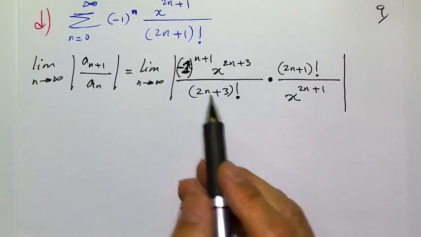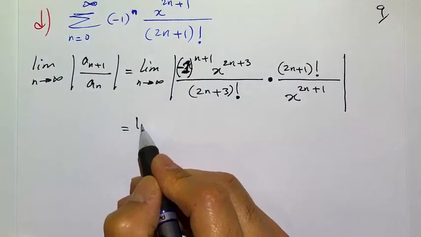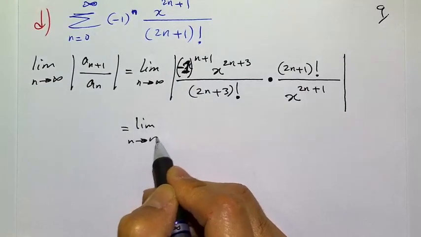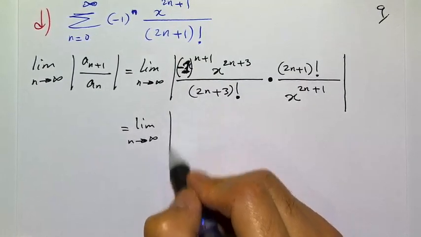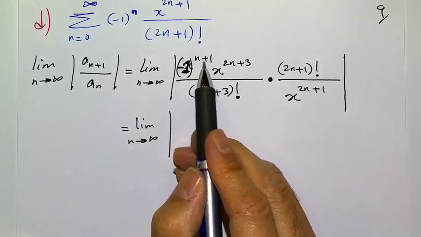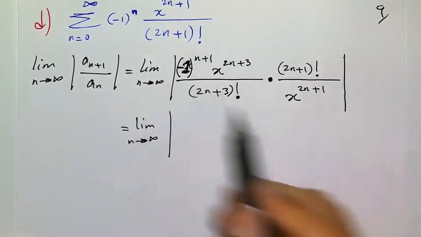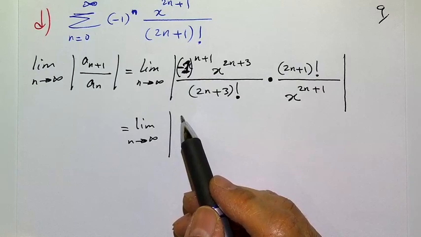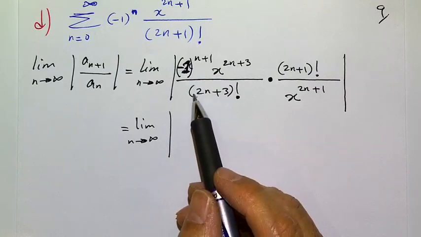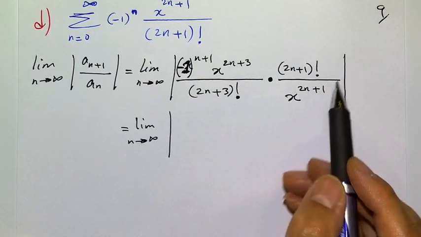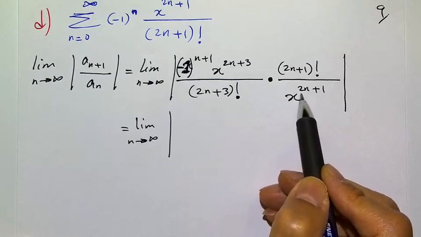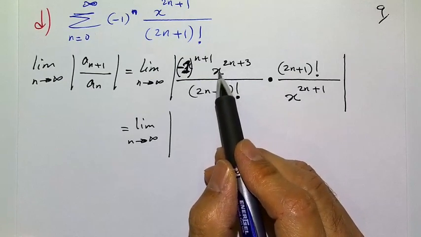Okay, so then we'll have to simplify this, of course. We have the limit as n goes to infinity. This minus 1 to n plus 1 drops out because it's within the absolute value. So instead we get, what do we get? We get x to the 2n power. With this, x to the 2n power drops out.